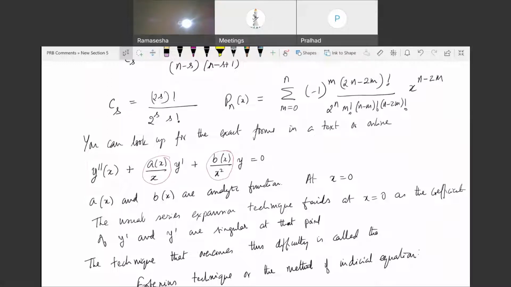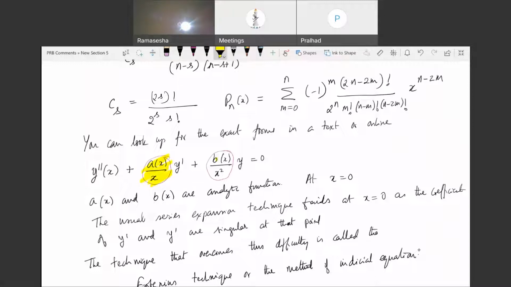Okay, so in the previous lecture, what I did basically was the indicial equation way of solving differential equations, where we have a singularity at a point.